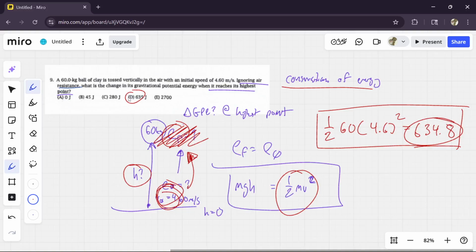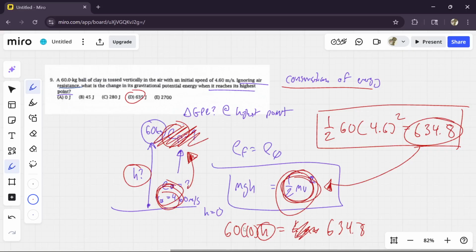I don't want to skip a step in my explanation, but essentially, this is just what's equal to over here. If we were to plug this in, it'd be 60 times 10 times h, and that equals 634.8. But we don't know the height, so we can't really solve for it. I mean, we could solve for height now, but the question's not asking us that.